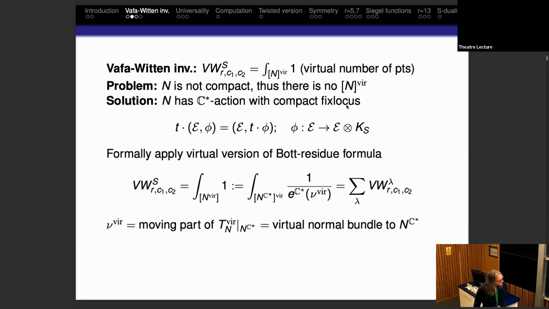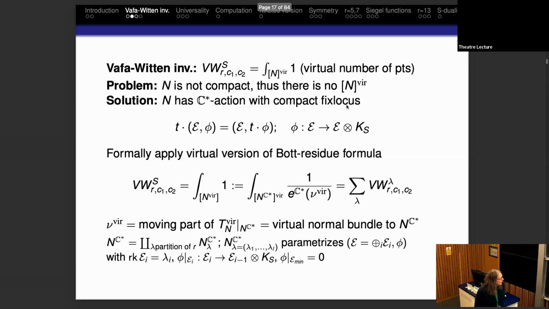And this will decompose into components, so the Vafa-Witten invariant will be a sum over contributions, one for every fixed point component. And we have indeed such components, or unions of components, which are parameterized by partitions of the rank R that we are considering.